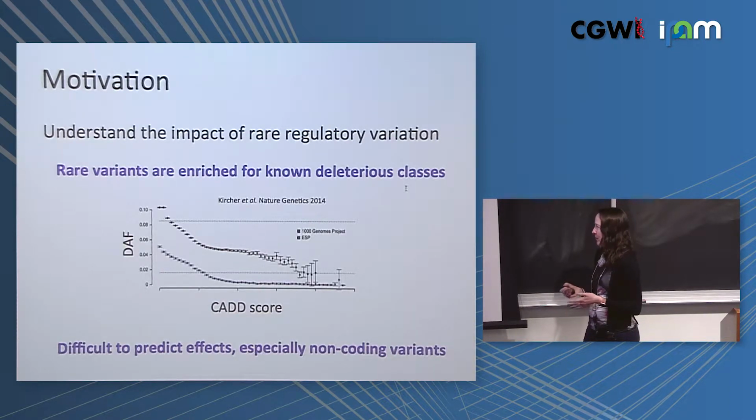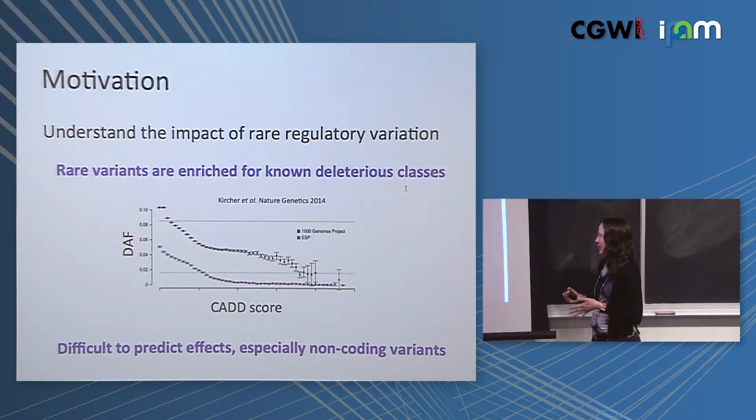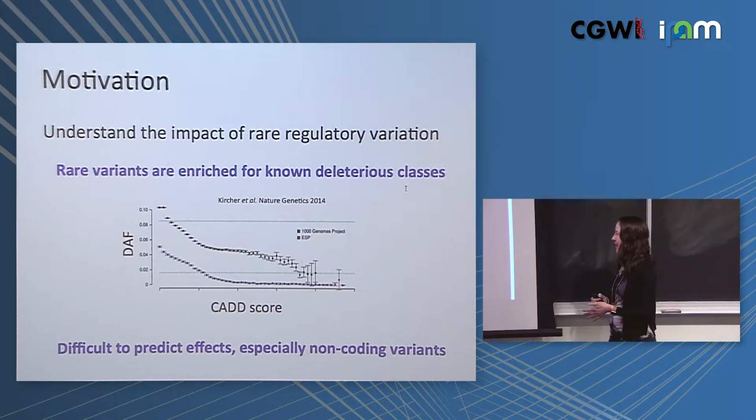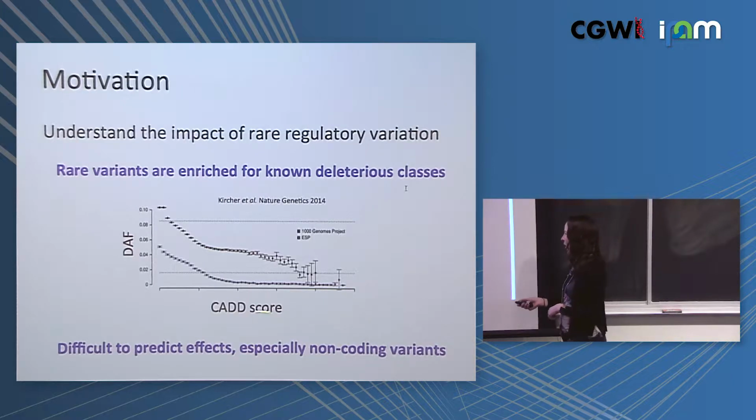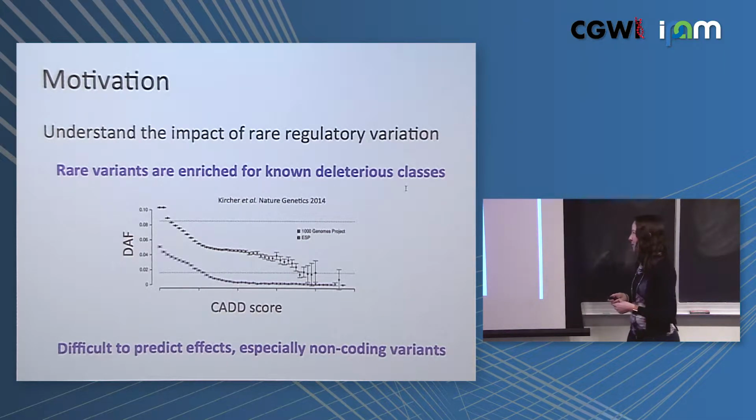And further, both from a theoretical perspective based on principles of natural selection and also based on empirical observations, rare variants are much more enriched for known deleterious classes of variation than common variants. So here, I'm showing a common score that we use of deleteriousness called the CADD score compared to the derived allele frequency. And you can see that the CADD score is generally predicting much more deleteriousness for rare variants than for common variants.